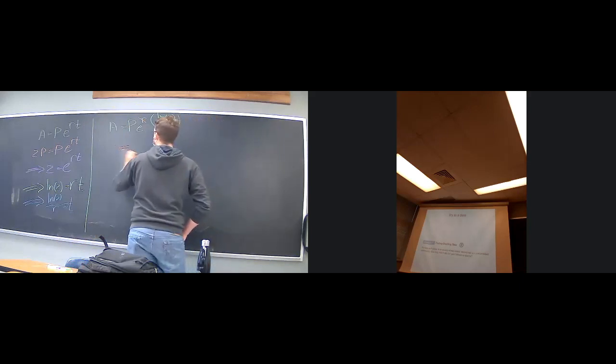Then A is equal to P times e raised to the r times ln of 2 over r. Okay, our r's are going to cancel. So this is going to come out to be P times e raised to the ln of 2. Well, e to the ln of anything is just that anything.